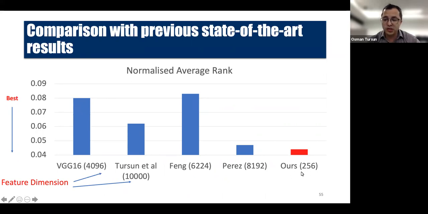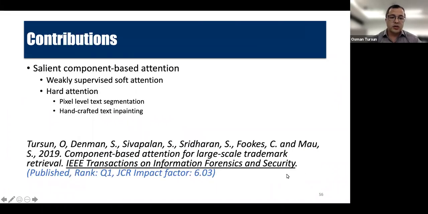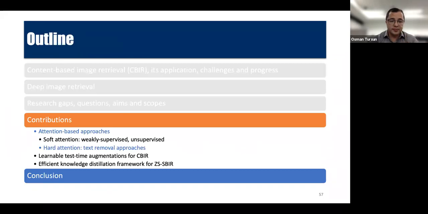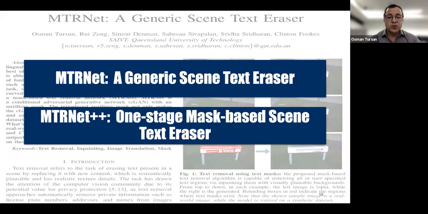So our feature is also very efficient. The contribution of this work is that we propose the salient component-based attentions. And in the last work, I showed our hard attention methods get very good results.